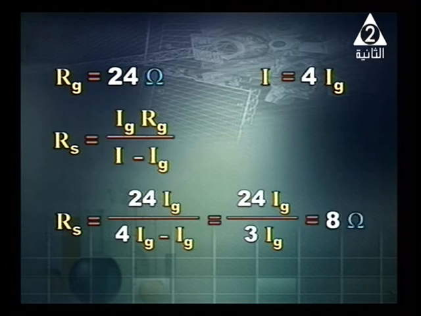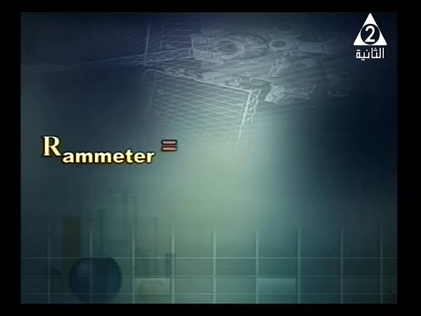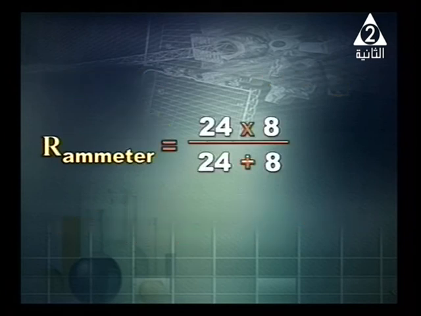In this way, we've managed to obtain the value of the shunt, 8 ohm. And what about the resistance of the ammeter, the device produced? It is a galvanometer and a shunt resistance connected in parallel. So the resistance of the ammeter is obtained from product over the sum: 24 times 8 over 24 plus 8, it is 6 ohm.